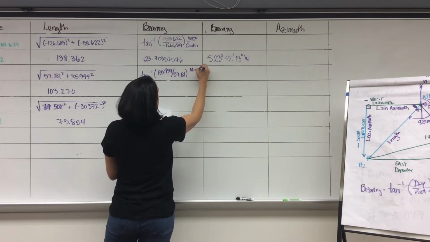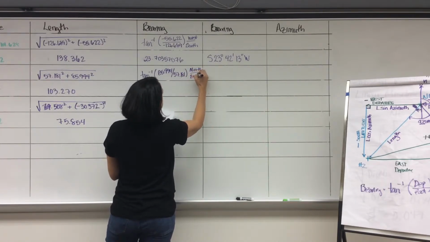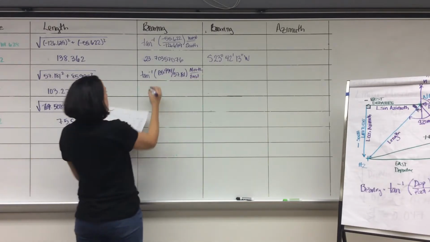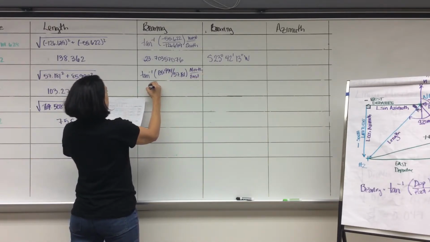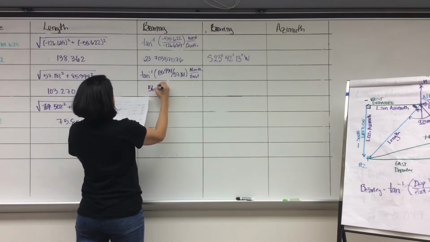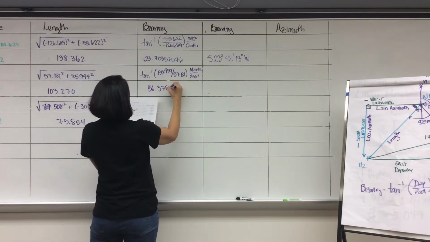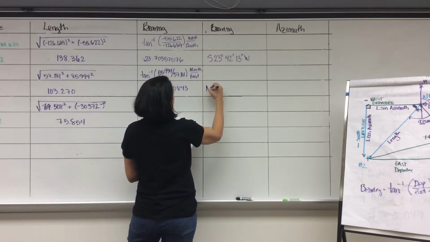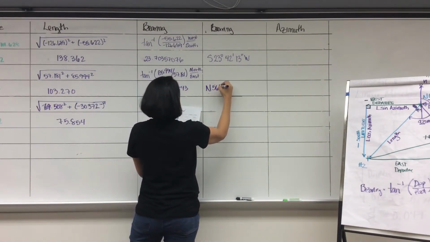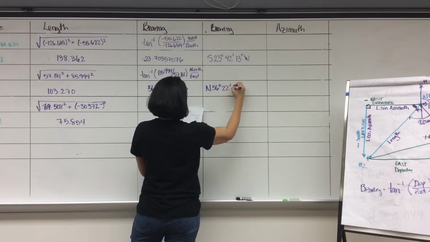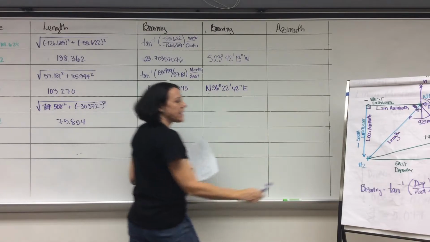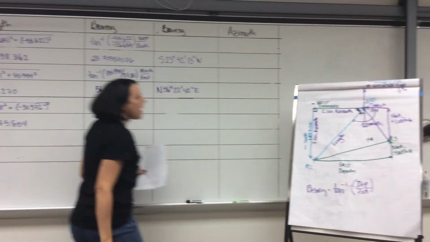I'm going north and east, just based on my latitudes and my departures. That gives me 56.5637840843, which corresponds to north 56 degrees, 22 minutes, 42 seconds east. So that gives me the new bearing on that line.